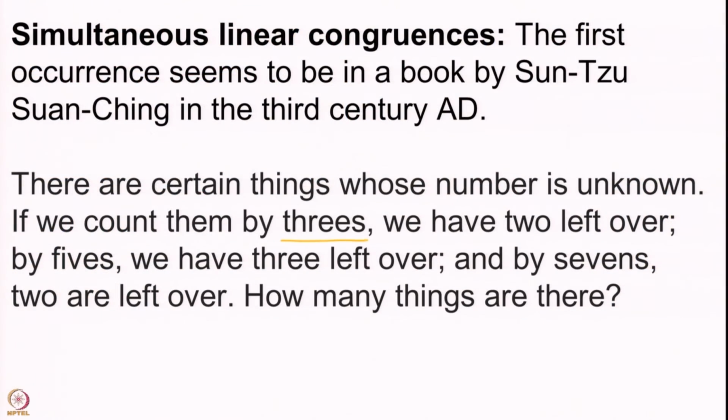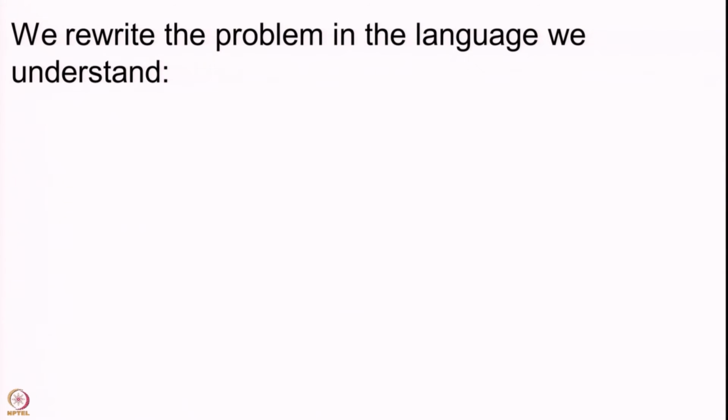What we need to do is to convert this problem into the language that we understand better. So, we read the problem again and try to take out the information that is of importance to us. When you count it by 3, 2 are left over. So, it is 2 mod 3. When you count it by 5, 3 are left over. So, this is 3 mod 5, and when you do it by 7, again 2 are left over, and we use this to write the problem in the language that we understand.